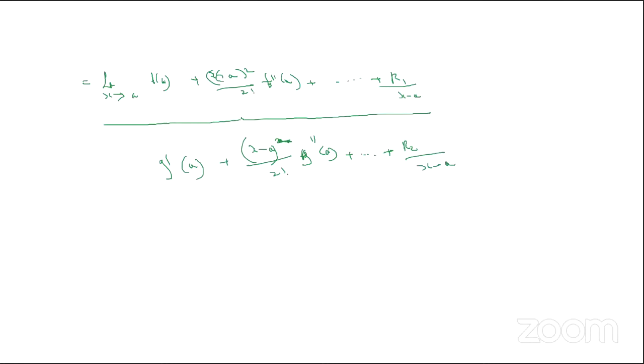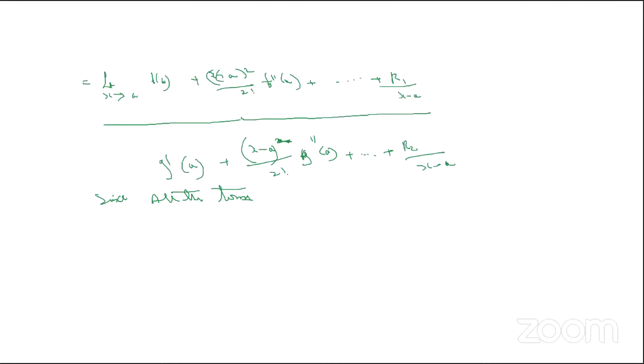So all the terms having x minus a. What we did, the numerator and denominator divided by x minus a. We got this result.